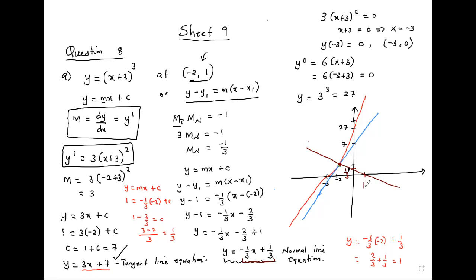So that's the sketch. We have sketched the graph. We've put the tangent line and the normal line. One thing that is clear is that the normal line and the tangent line, at their meeting point, form 90 degrees on all sides.